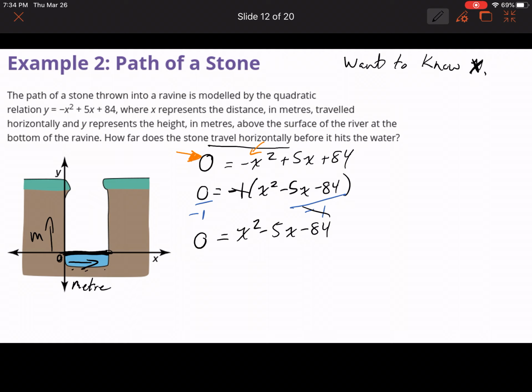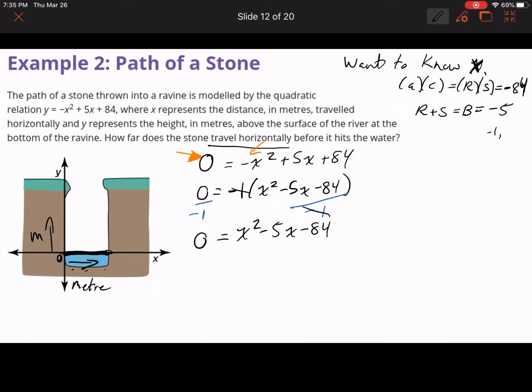So now we need two numbers that multiply to a times c, which in this case is -84, and that add to b, which in this case is -5. So we need to go through the multiples of -84. Again, we want it to be somewhere near the middle, but you could just go through all of them.